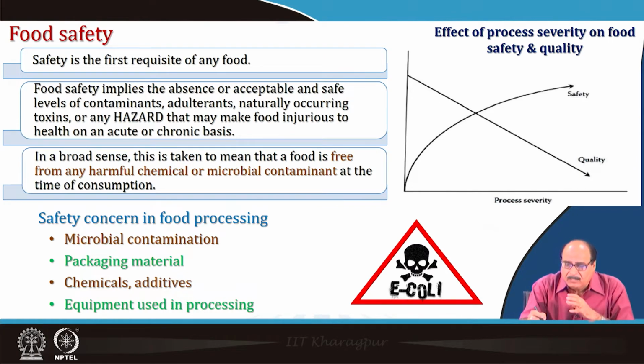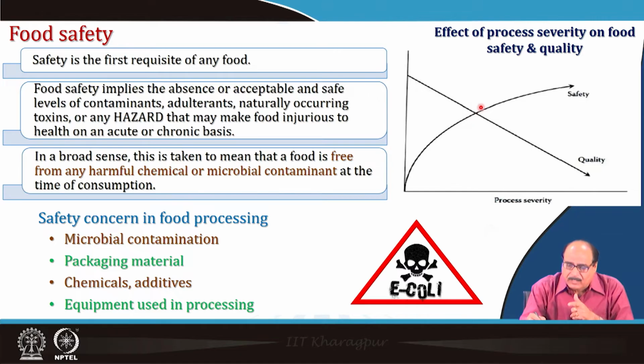In this figure you can see the effect of processing on safety and quality, and these are both interrelated. If you have a more severe process, you will get better safety of the product, but it may result in deterioration of the quality.